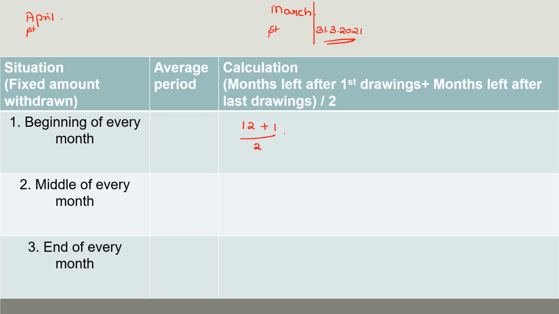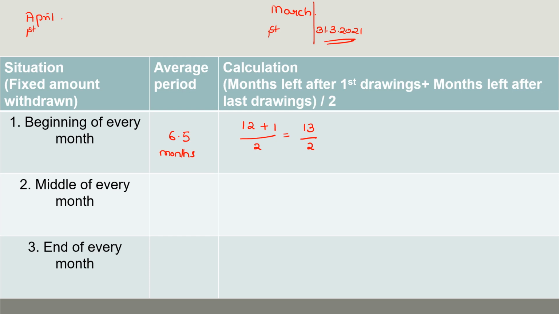That divided by 2, so that is nothing but 13 by 2, which is nothing but 6.5 months. So in the formula for the average period, when the drawings are fixed and done at the beginning of every month, the average period we will take would be 6.5 months.